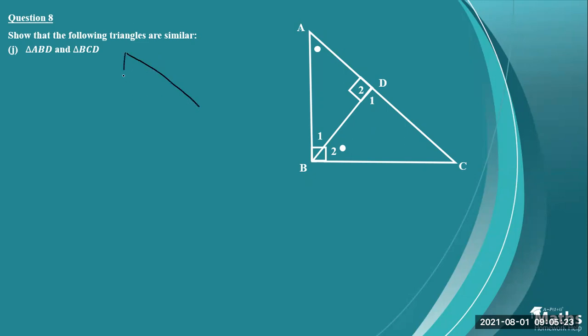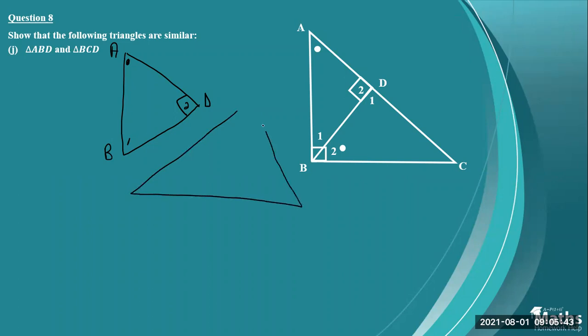So I'm going to split up A, B, D. There's A, and A is just a dot, and there's B. Then the other triangle will be D, B, C. Right.